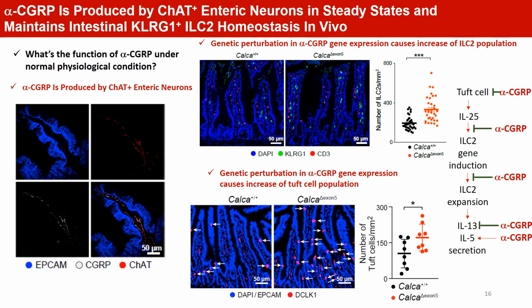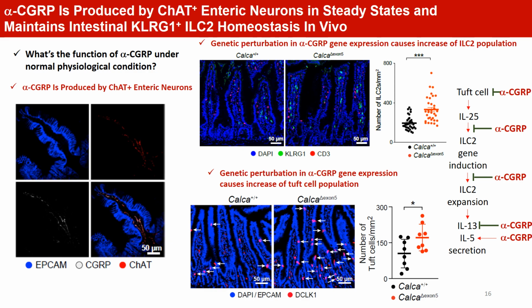Consistent with the staining data, the quantification results show that the delta exon 5 Calca group has significantly increased ILC2 number, suggesting that under steady state, alpha-CGRP is produced by acetylcholinergic enteric neurons and controls KLRG1-positive ILC2 cell number during homeostasis in vivo.